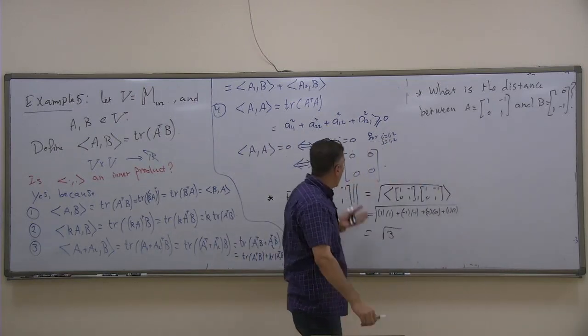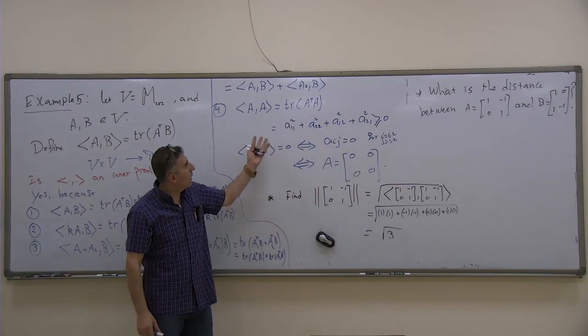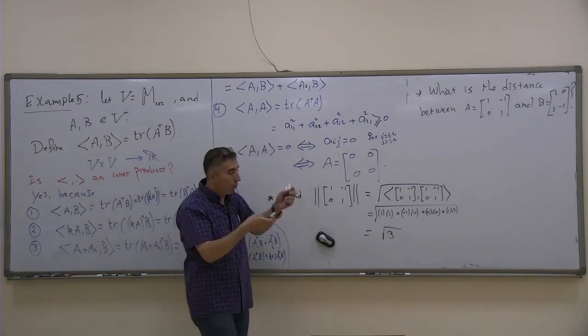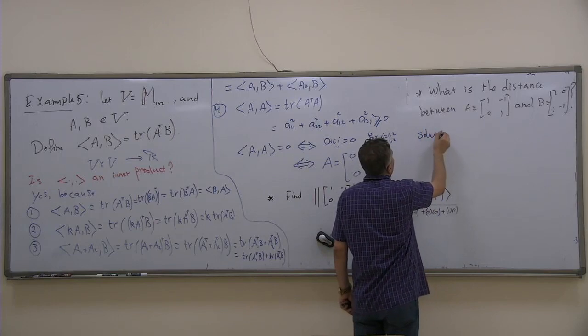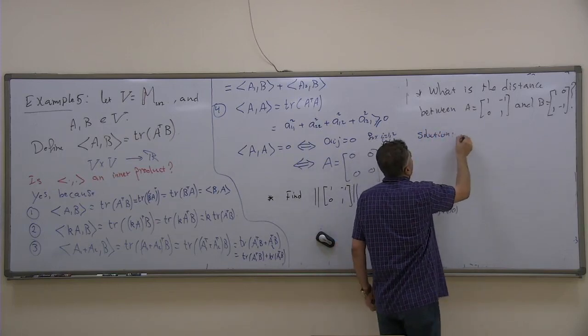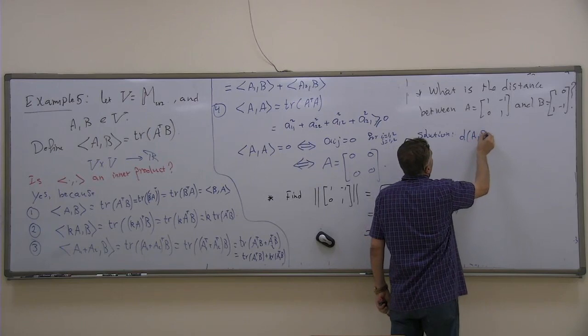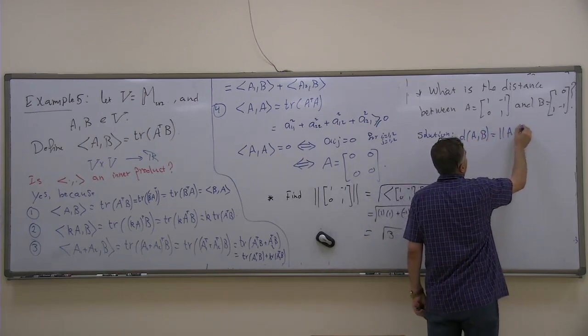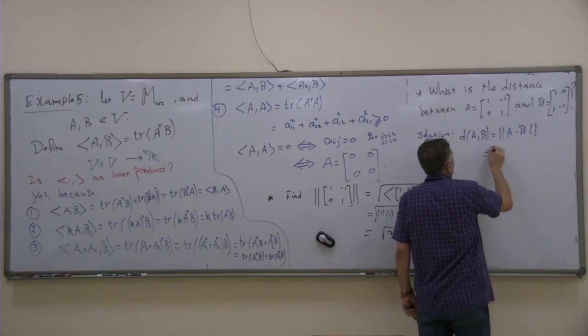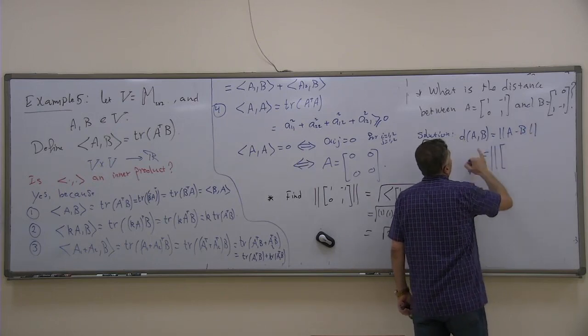No, the distance here is the distance we got from the inner product, which is: distance between A and B is the length of A minus B. What is A minus B?